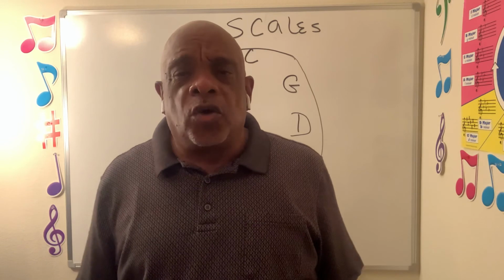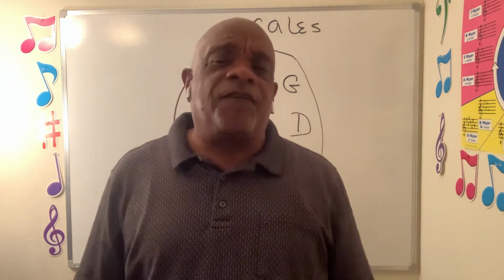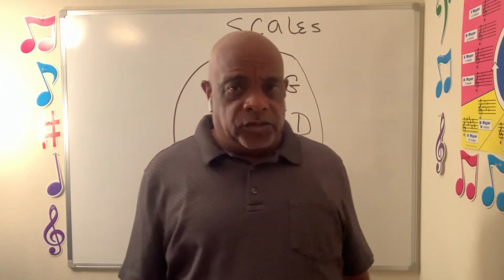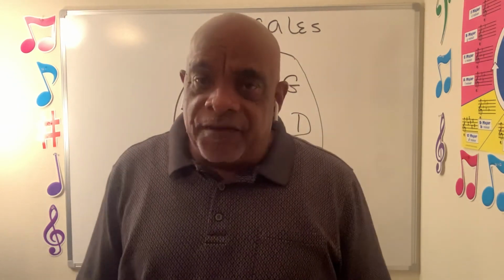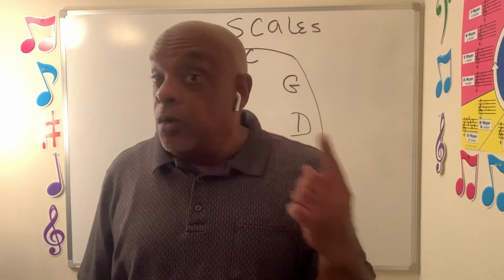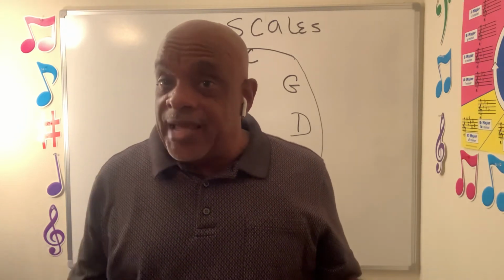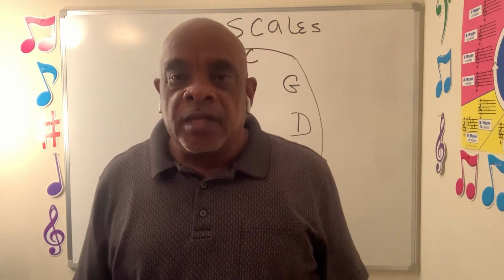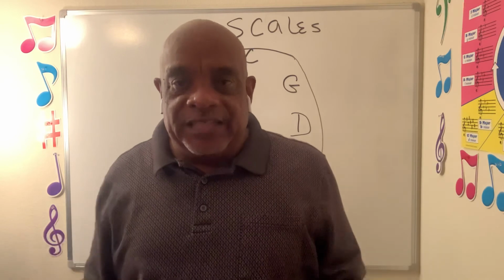Let's deal with it. What's the 5 of D flat major? The 5 of D flat major is A flat. So what's the 5 of A flat? The 5 of A flat is E flat.